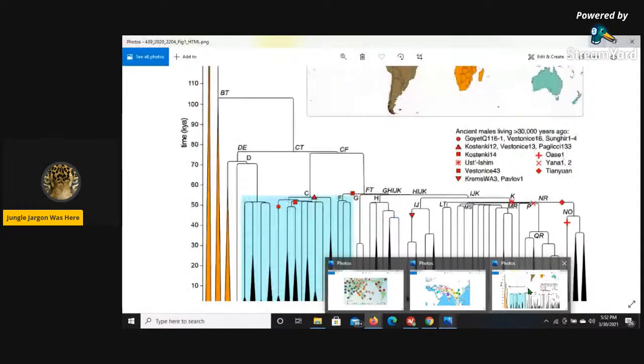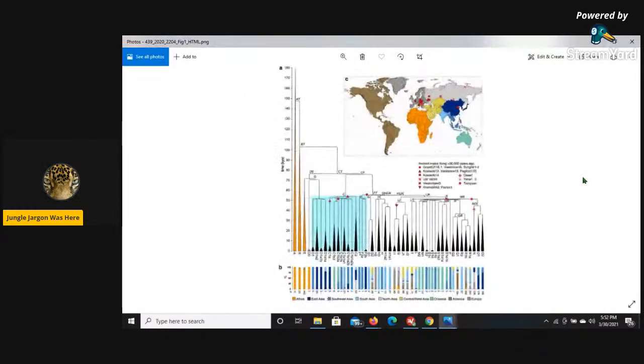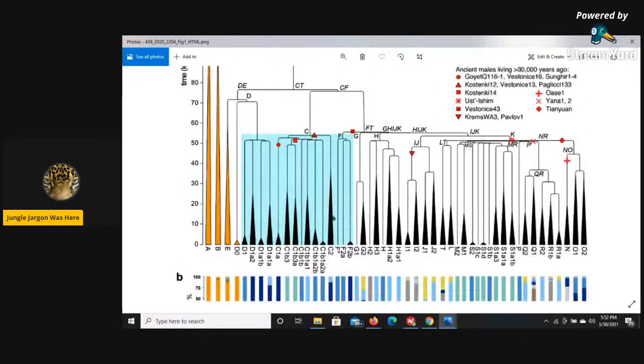So I was here looking at the FY chromosome. I don't know if you can see very well, but the FY chromosome is located in Oceania, and this area here, with the dark blue and the middle lighter blue.